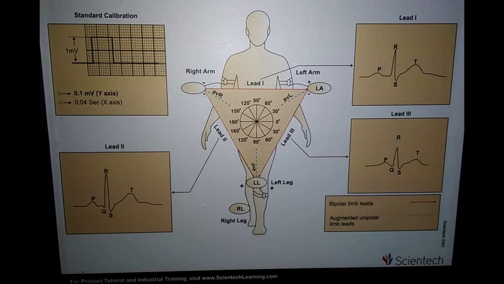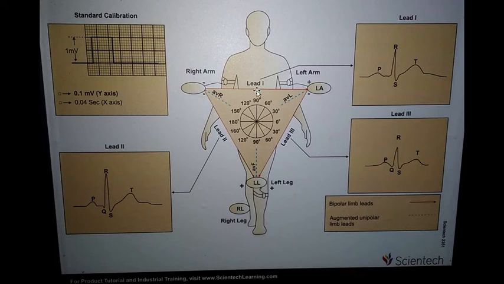So if we look into this trainer or monitor, on the figure that is shown on the trainer, we have Einthoven's triangle drawn and the three types of lead connections which are employed. So this experiment deals with lead 1 only, and that is why we will be connecting the electrodes according to the lead 1 arrangement.